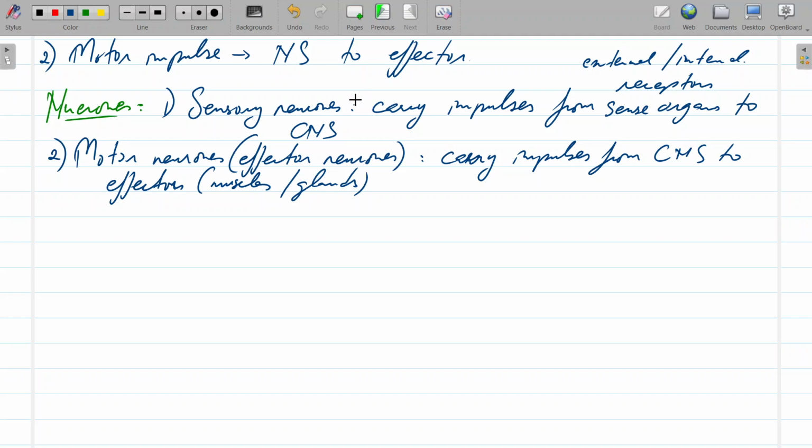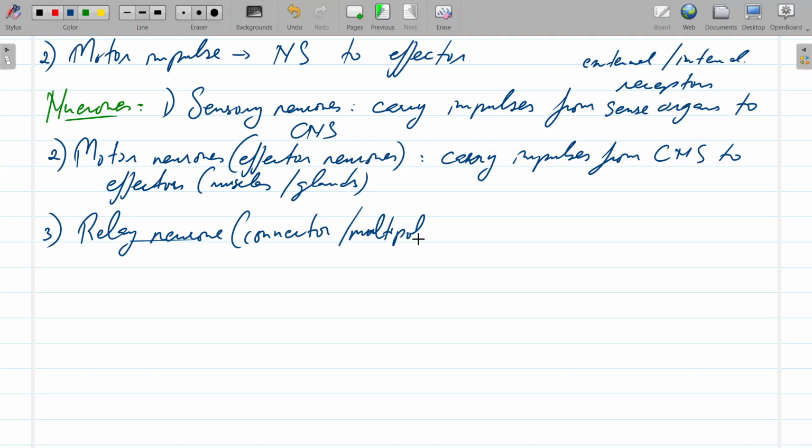And then you've got something called the relay neuron. It's also called the connector or the multipolar neuron. So, connector or multipolar neuron. This is a different neuron.